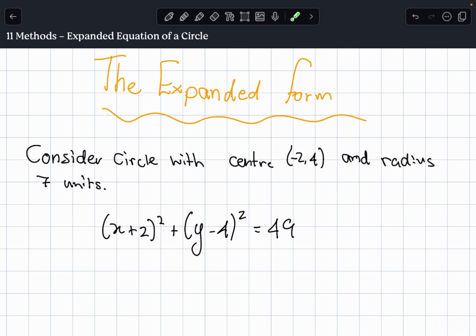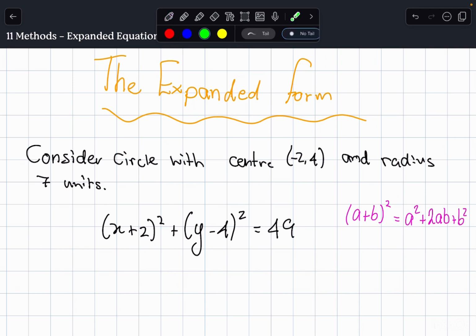Another way is if we expand and simplify a little bit. So let's have a look at expanding. Now these two terms here, they're perfect squares. And hopefully you remember a perfect square expansion, so a plus b squared equals a squared plus 2 lots of ab plus b squared.